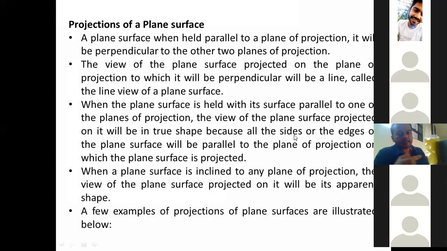I will rotate it. You will be able to see only a line. Understand? Same way, if it is perpendicular to this bottom horizontal plane, then in the top view, what will you be able to see? Only a line. Very good.